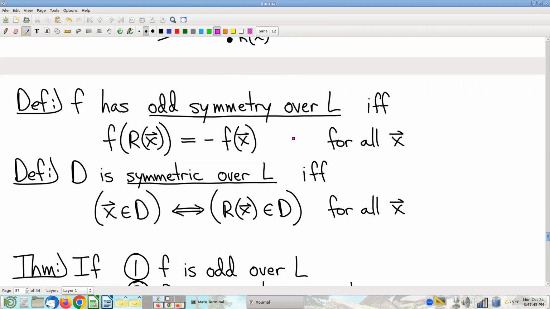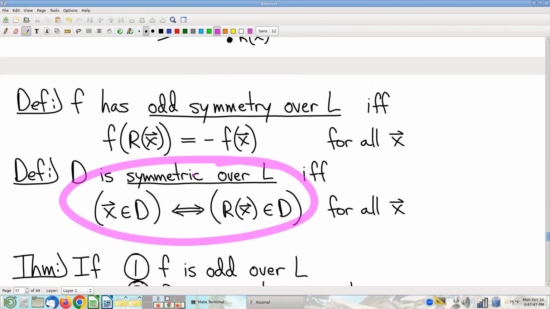I can define a symmetric domain in the exact analogous way. It's if you have a point in a symmetric domain, its reflection must also be in that same domain. Said differently, it's a domain that when you reflect the whole domain, nothing changes, nothing happens. It remains the same domain.